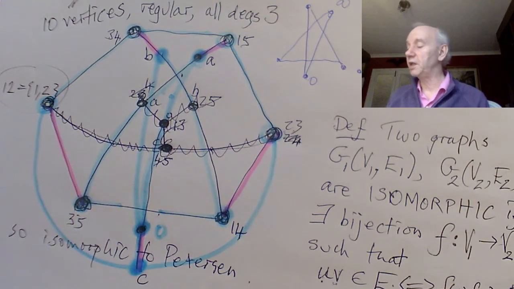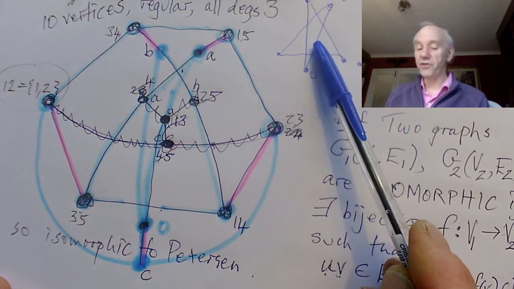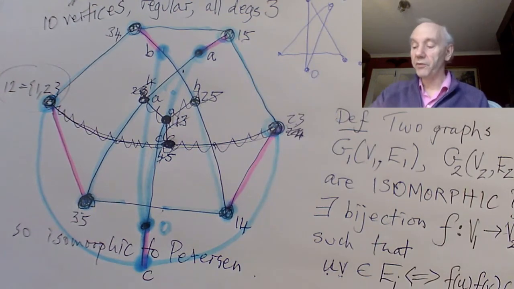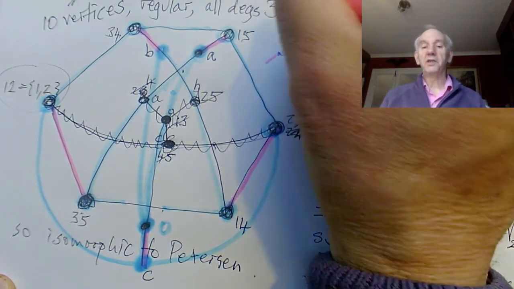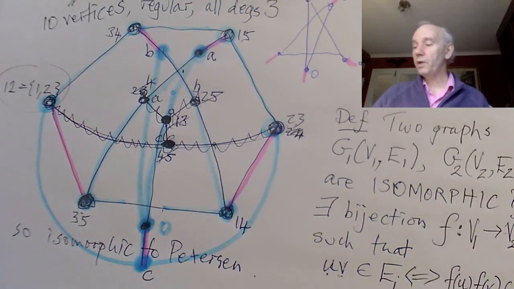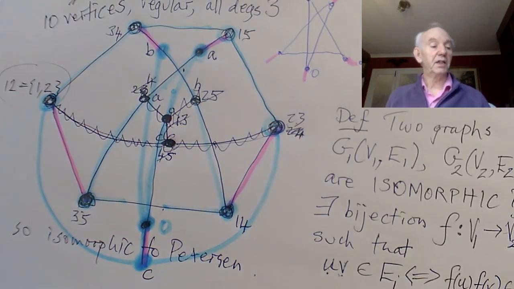I've converted this hexagonal form with the funny triangle and the Y in the middle to the Petersen graph, in which, a bit of imagination is needed here, but we've got a pentagon around the outside, and we've got a pentagram on the inside, and these are joined together with the pink spokes. Okay, so the Petersen graph is a very useful example because it's less simple than the other graphs we've seen so far.